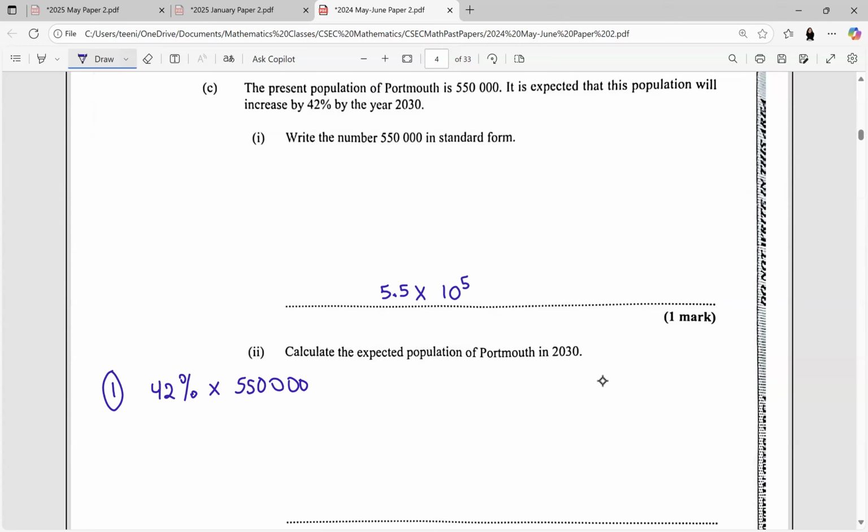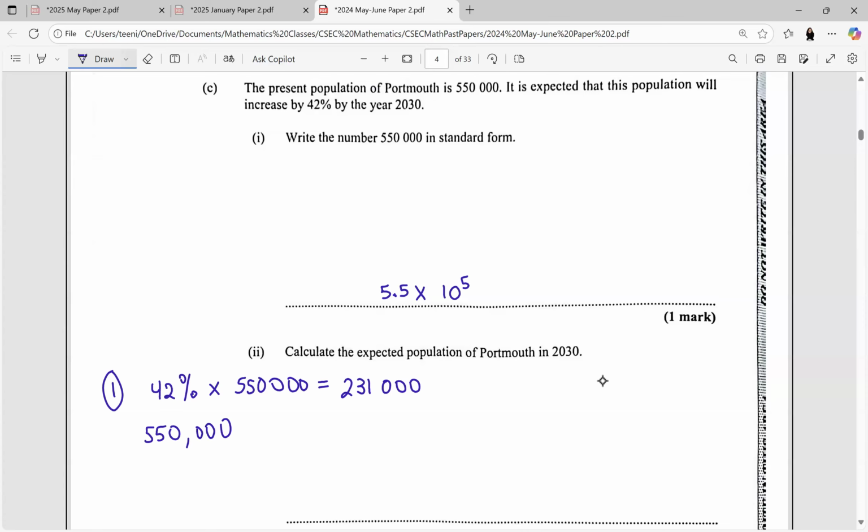So we could either do method 1, what Faith said, so 42% of 550,000. Right? So 42% is 0.42. There's also a key on your calculator that you could use for percentage. But anyway, 42% is 0.42 times 550,000, which will give you 231,000. All right. And then you add that to the 550,000.